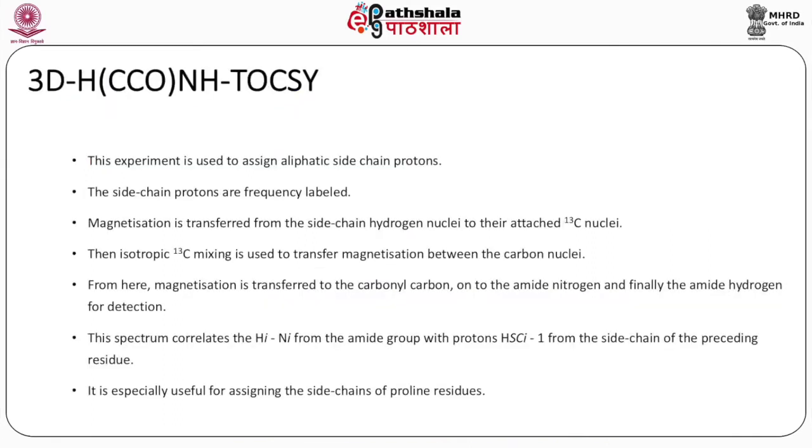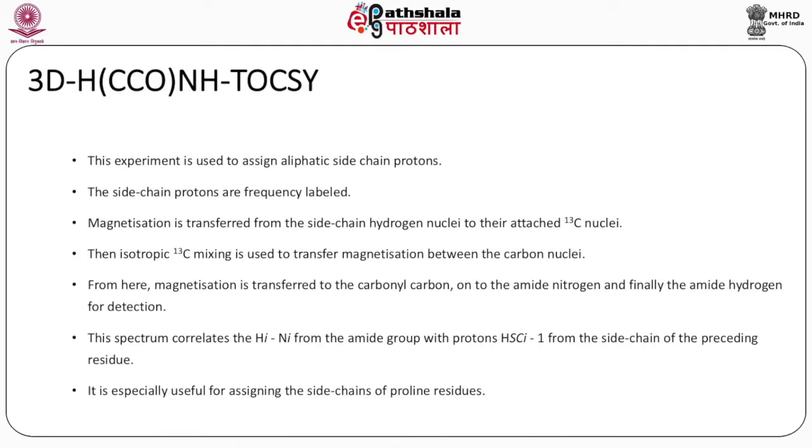Let us start with the 3D HCCONH TOCSY experiment. This experiment is used to assign aliphatic side chain protons. The side chain protons are frequency labeled. Magnetization is transferred from the side chain hydrogen nuclei to their attached C13 nuclei.